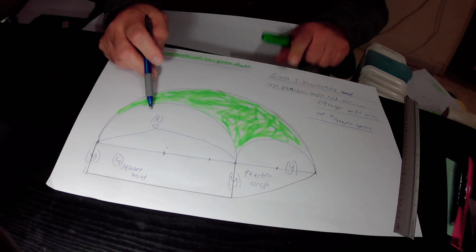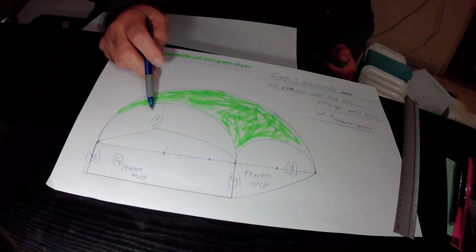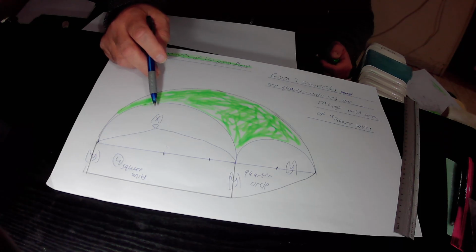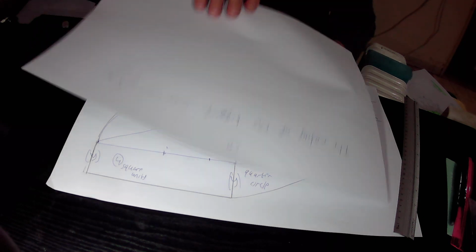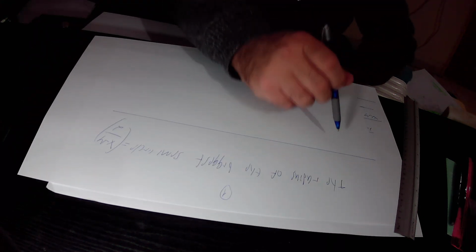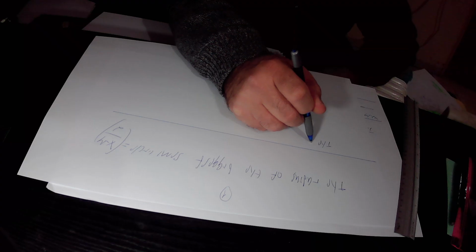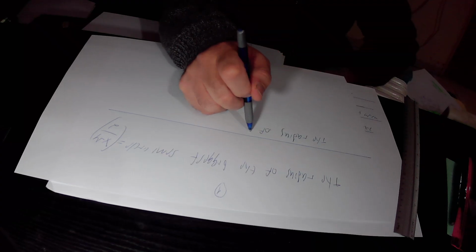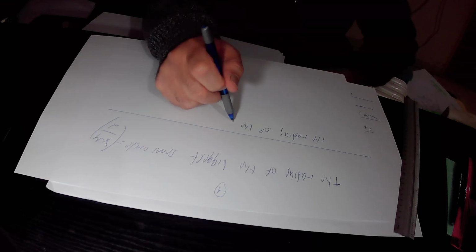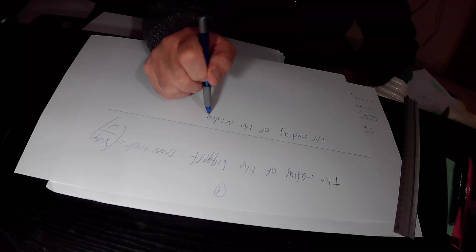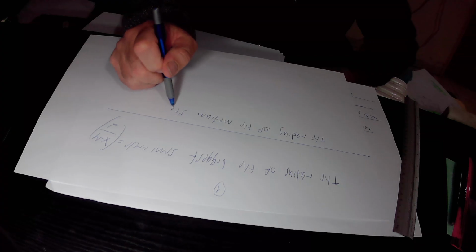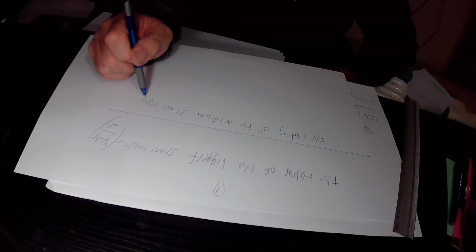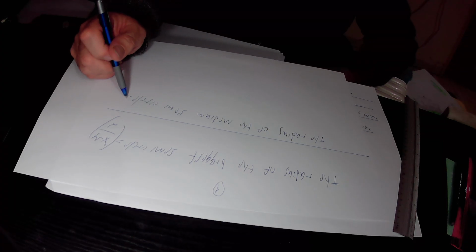The radius of this medium semicircle equals half the diameter x, so it is x over 2 units in its length.